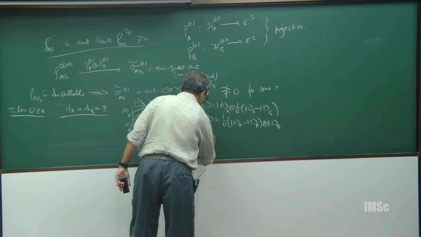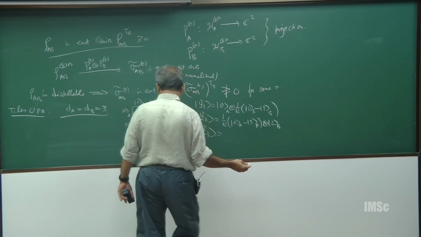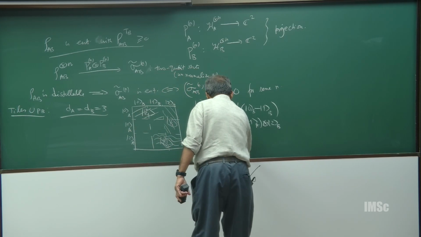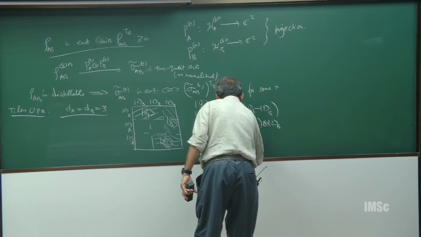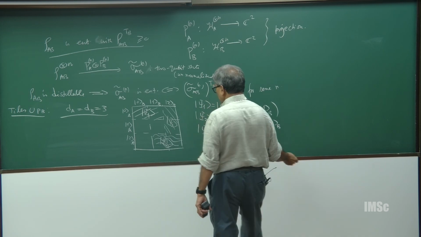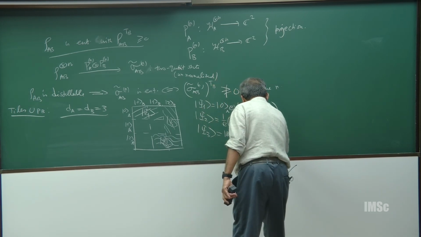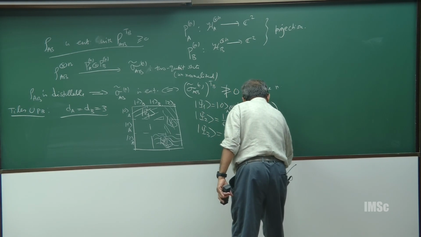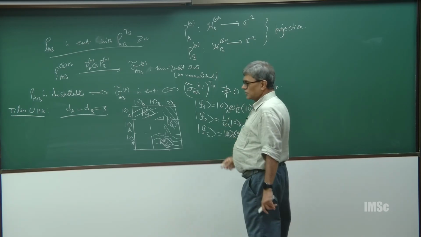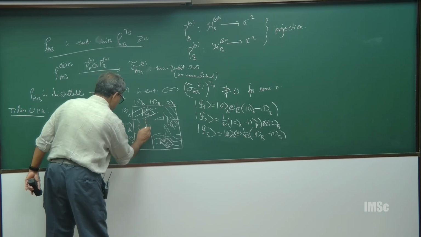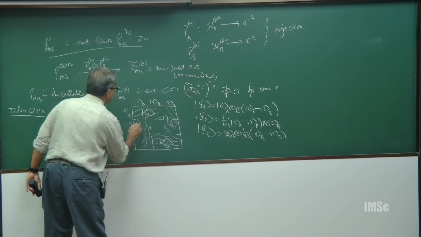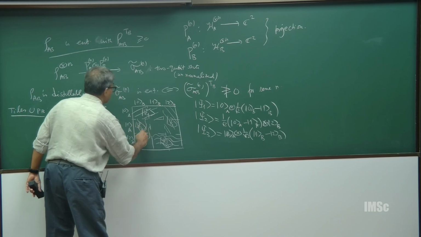So, psi 3 is equal to |2⟩_A tensor product 1 upon root 2 (|1⟩_B − |2⟩_B). This is your psi 4.